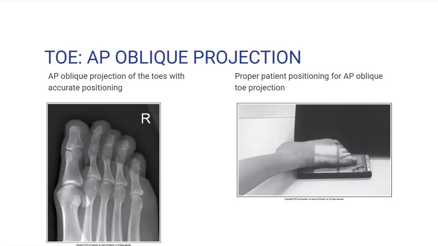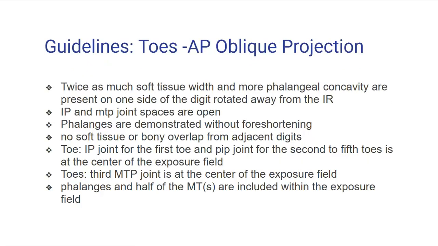If imaging all the toes collectively together, the third MTP joint should be demonstrated at the center of the exposure field. The phalanges and half of the metatarsals are all to be included within the exposure field. Here are those image analysis guidelines for your review.